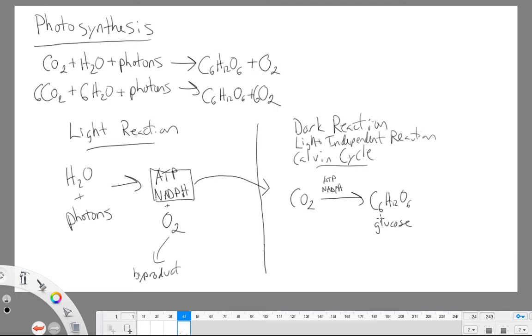And what we're going to do now is look a little more in depth into each one of these reactions. We'll start with the light reaction, and then we'll move into the Calvin cycle. So let me pull up a new page. Here we are going to focus on the light reaction.